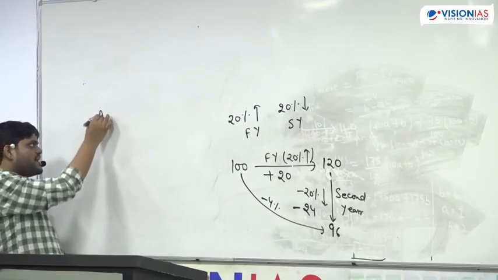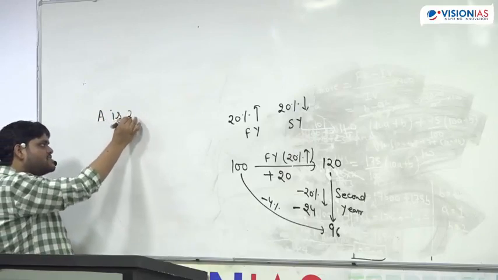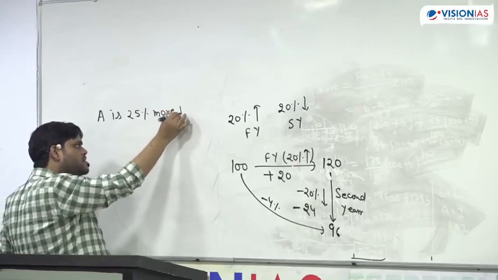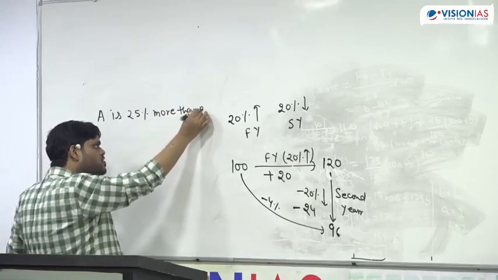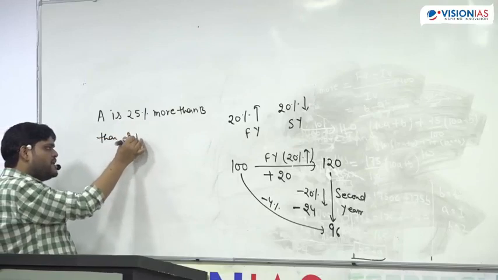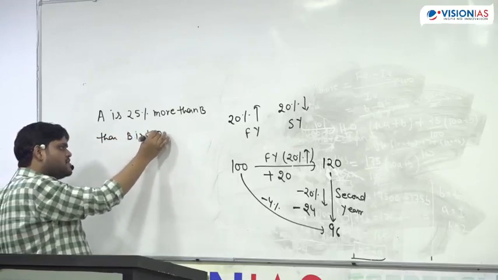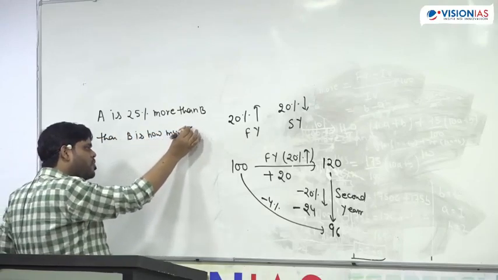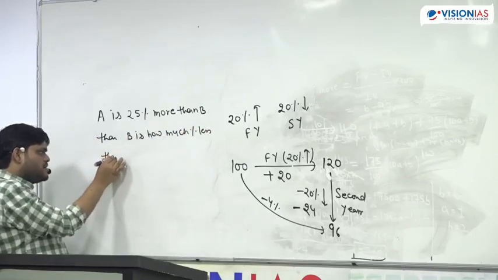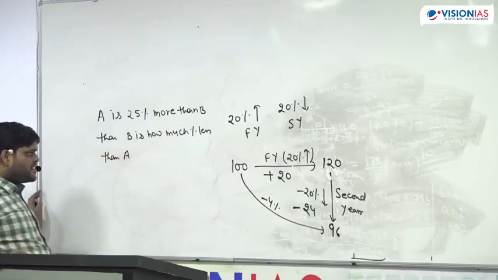Suppose the question is, A is 25% more than B. Then B is how much percent less than A?